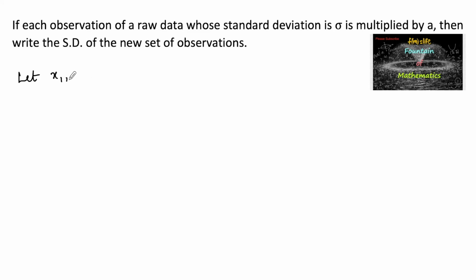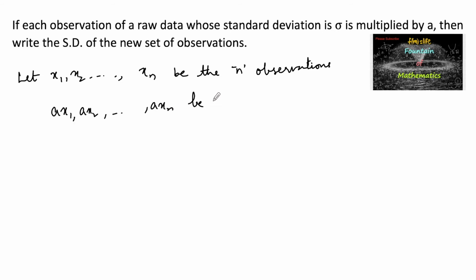Let us consider x1, x2 and so on xn be the n observations of raw data whose standard deviation is sigma, and let us consider each observation is multiplied by a, so ax1, ax2 and so on axn be the new set of observations. Let us consider them to be y1, y2 and so on yn.